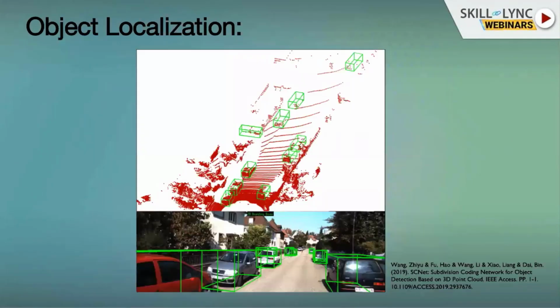Now the next application is object localization. As I told, LiDAR gives the depth information of where that object actually is. This picture is collected from a self-driving car at test time. The lower image is from the camera and the upper one is from LiDAR.